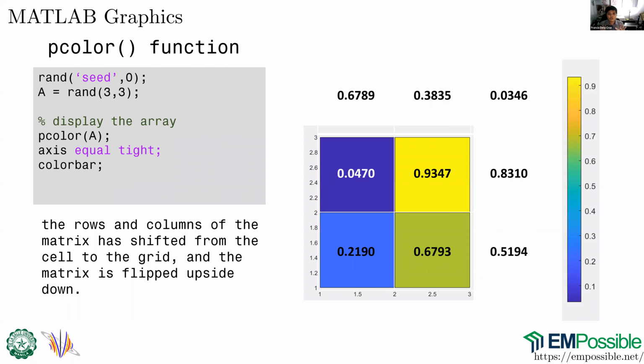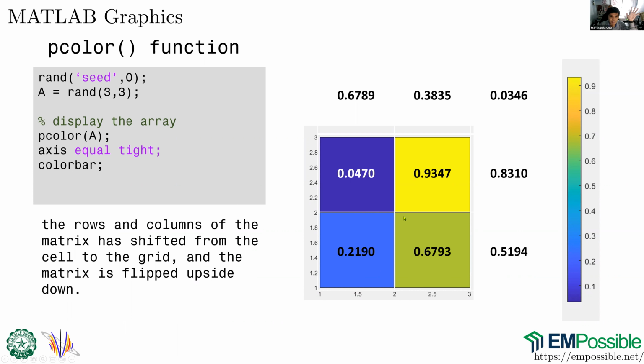So the pcolor works like this. This is our initial values of matrices. Remember that in the initial matrix that we have, the first element, first row, first column is 0.2190. But now in the pcolor, it's around here. It's below.